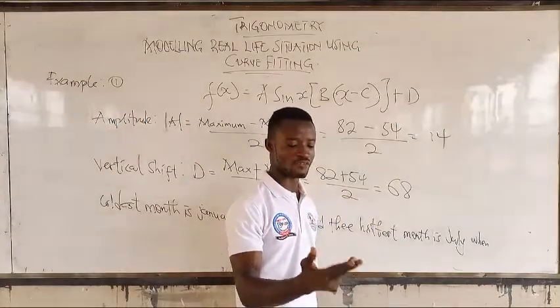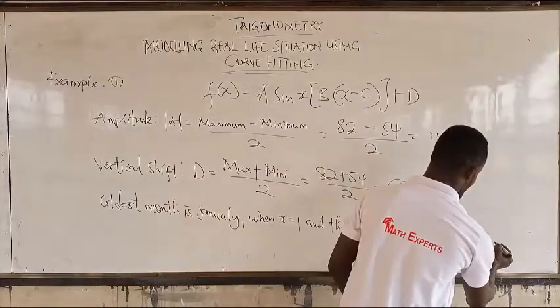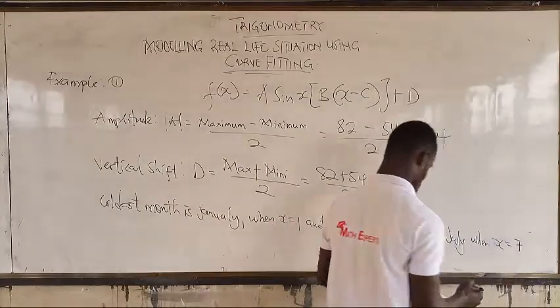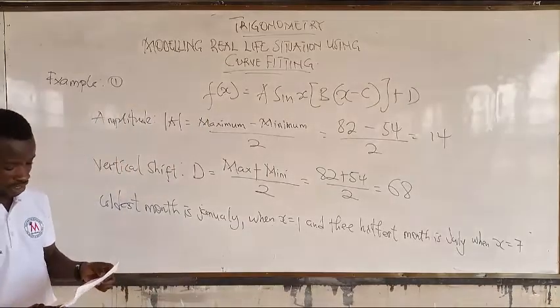So you can count January, February, March, April, May, June, July. And that is the 7th month, when X is equal to 7. Very good. So that is how we can do that.